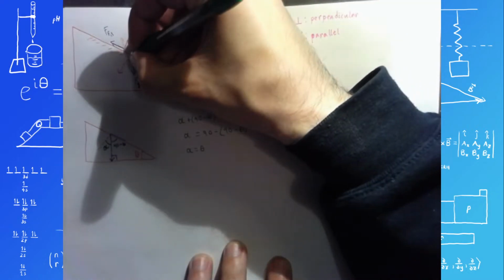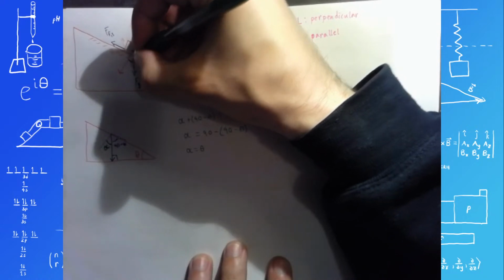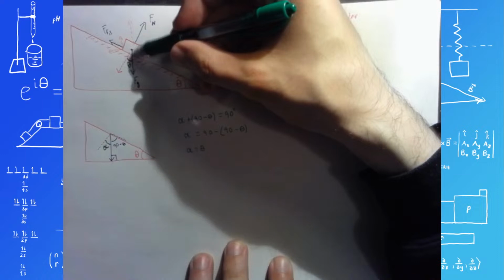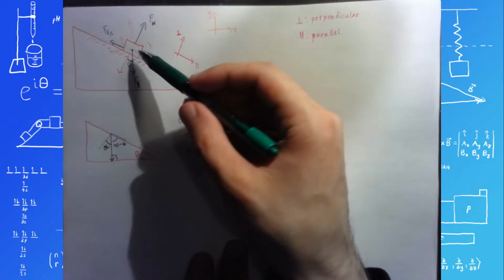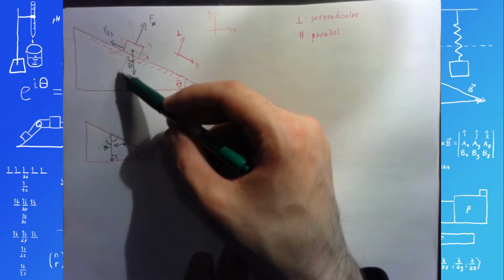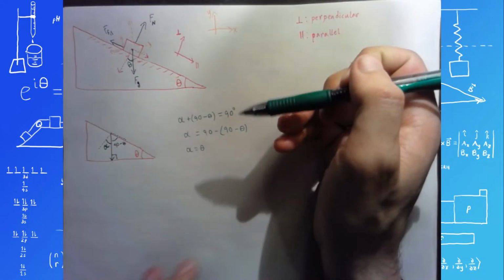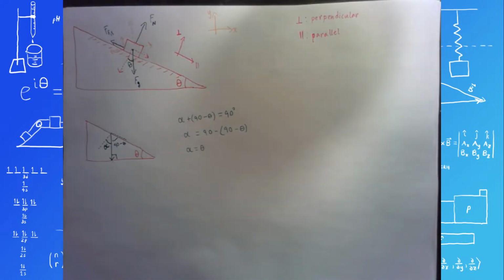So I'll copy it over to here. This angle is equal to theta. The angle between the force of gravity and the direction of its perpendicular component is the same as the angle of the incline. And there's a more intuitive way that you can think of this.